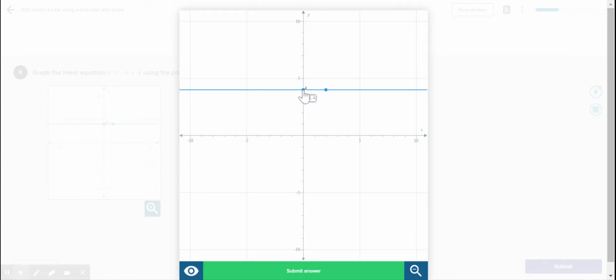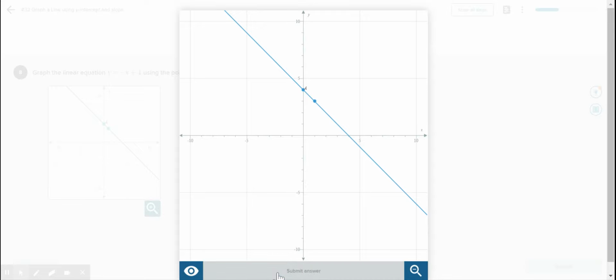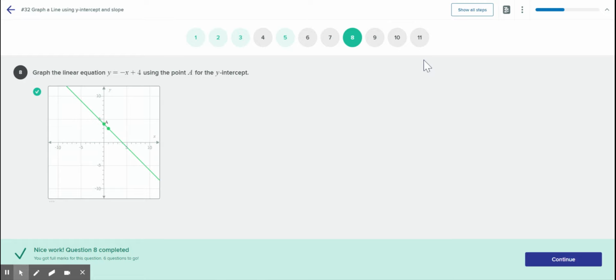There I am at (0, 4). The slope is going to be -1, so I have to go down 1 and to the right 1. There it is. Down 1 to the right 1 and submit. And we're waiting. Yay, we got it right.